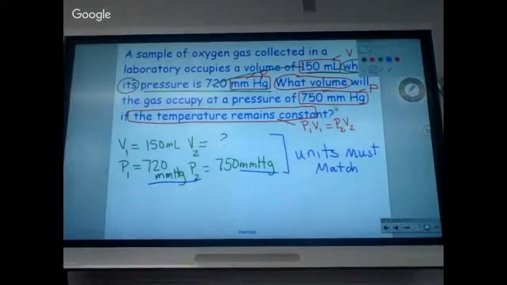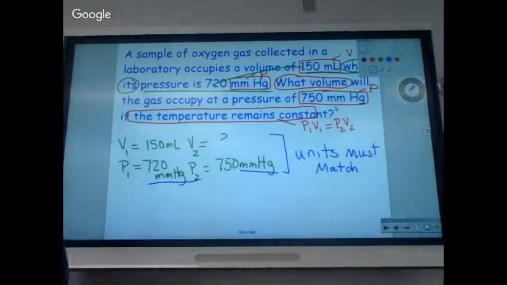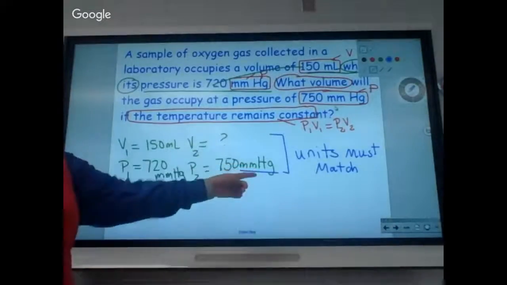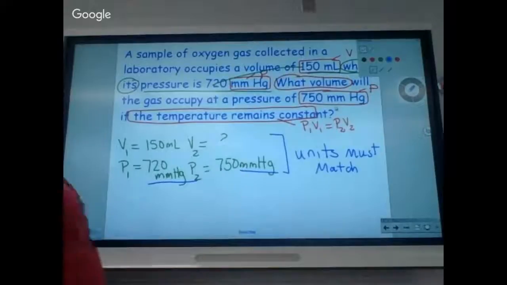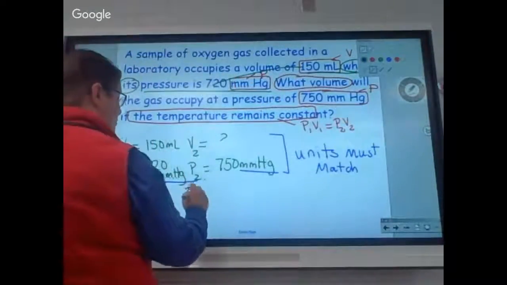If they don't match, you need to convert them both so they match. It doesn't matter what they are. They just have to be the same. So let's say that one's ATM and that one's mmHg. You just need to make them both match. They both have to be ATM or they both have to be mmHg. Does that make sense?